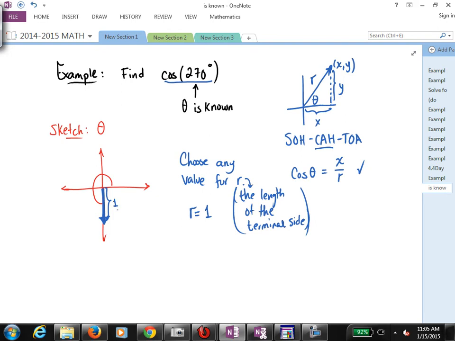Now, if I go to my sketch, if that terminal side measures 1 unit in length, what are the coordinates here? If you plot 0, 1, where is it going to be?